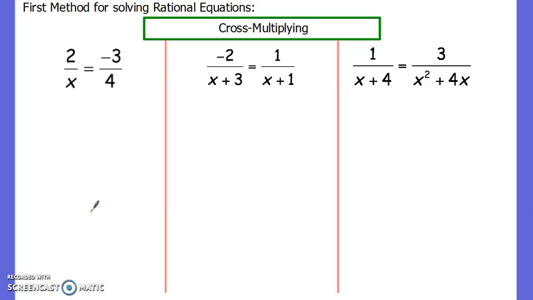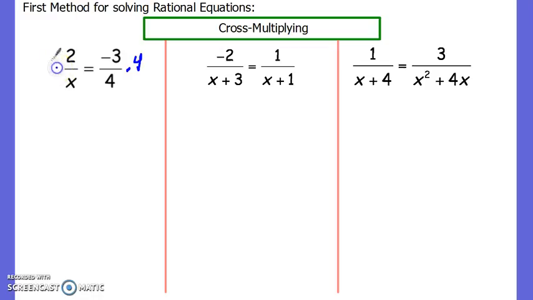So the basic simple way of solving them, the classic way, sort of how many people have learned it, is what's called cross-multiplying. So what we're going to do is take a look at our function and say, well, on this function here on the left, if I have a 4 in the denominator of the right side of my equation, essentially I would love to multiply by 4 in order to cancel those 4's.